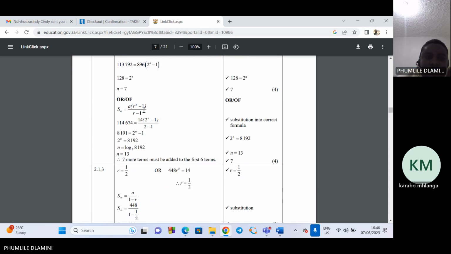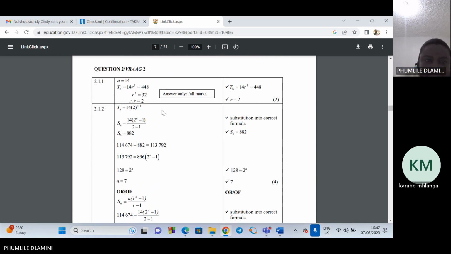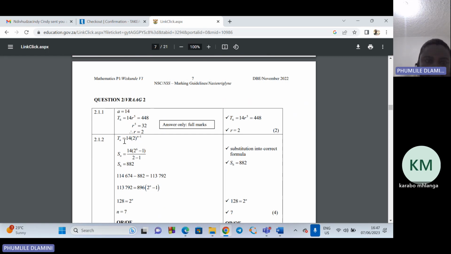And then if you check, maybe the value that we got there was wrong. Because here, if you put A is 14, 2 to the power 6 minus 1, which means 2 to the power 6 is what? I made a mistake.